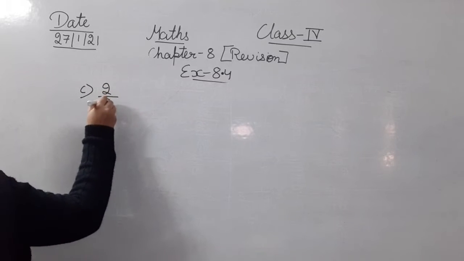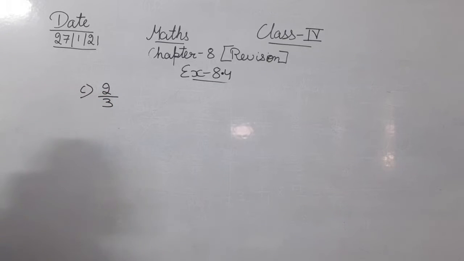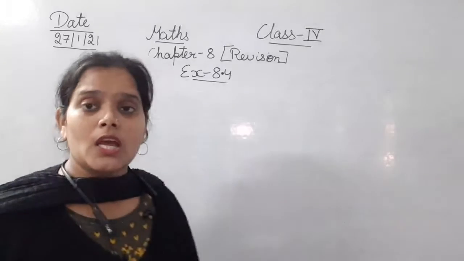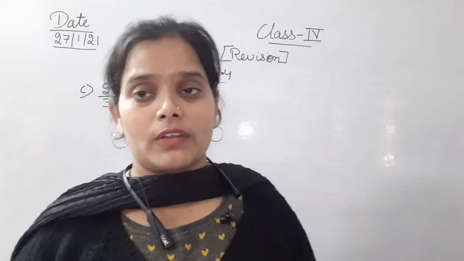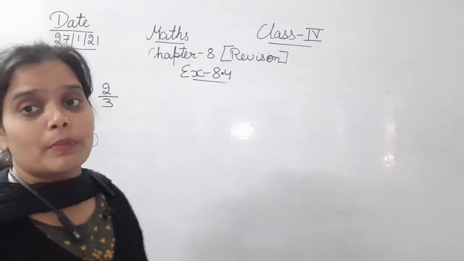So let's find the next 3 equivalent fractions of 2 upon 3. Okay, and as usual we will follow the same method that we had followed in the previous 2 parts.